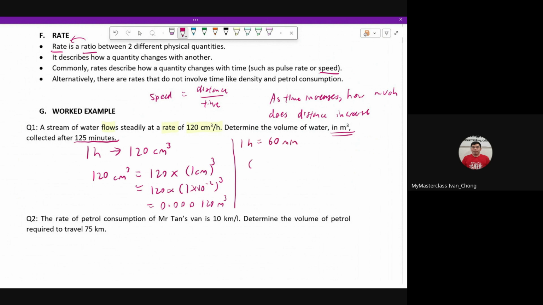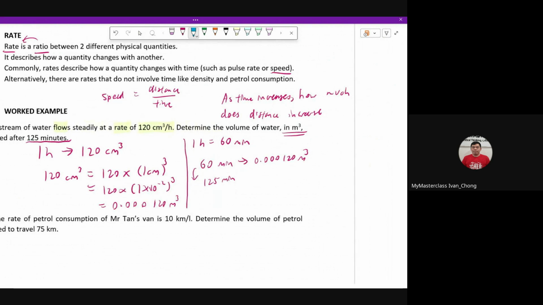So now, 60 minutes is equal to 0.000120 meter cube, right? So if I want to change to 125 minutes, what do I do? I will times 125 and divide by 60.